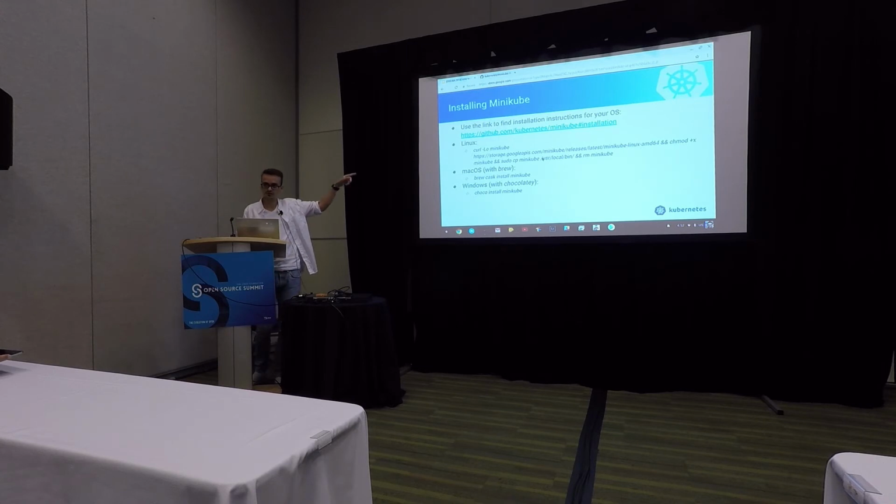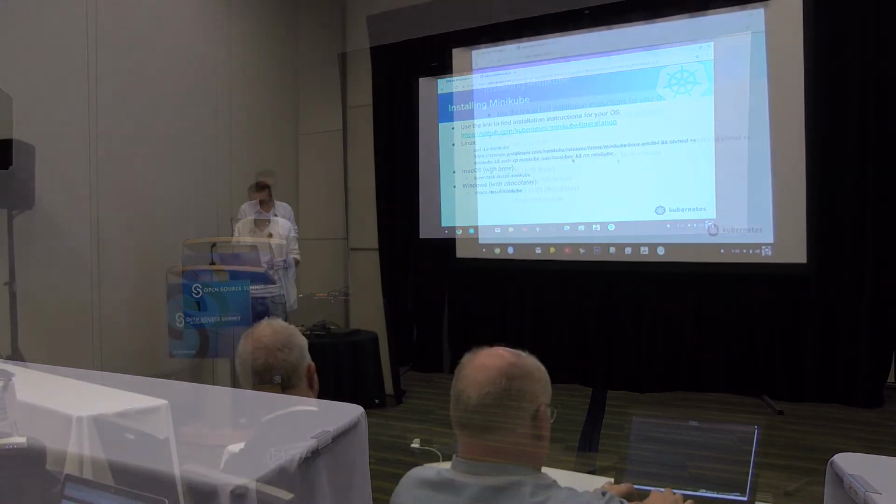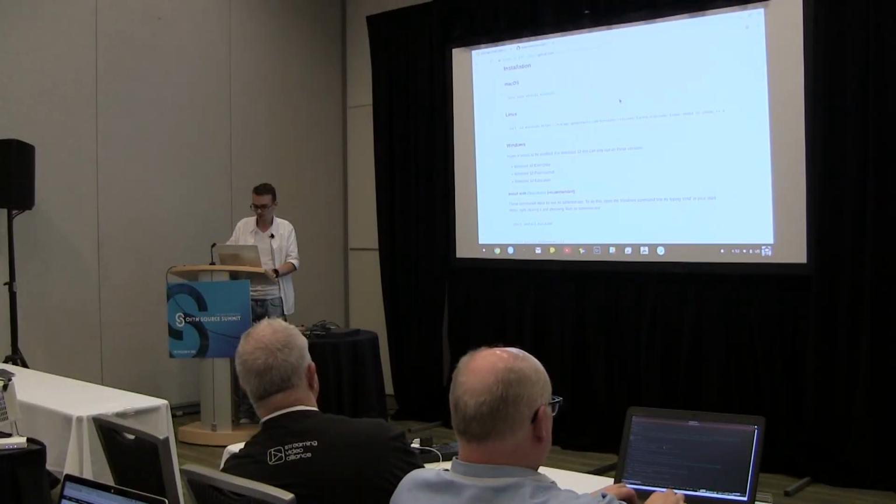That's just a line that downloads the prepackaged Minikube binary from GitHub and places it into the user local bin directory on your machine. You can do almost the same on macOS, but there is also an option available with Brew. And on Windows, you can also install with Chocolatey.